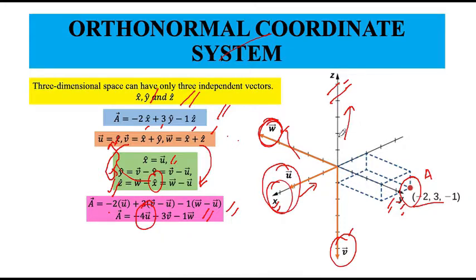To take care of y and z, you have to move along v and w, but when you move along v and w, you end up moving along x as well. You actually move 4 units along x. So by the time you have taken care of this distance and this distance, you end up with a minus of u.